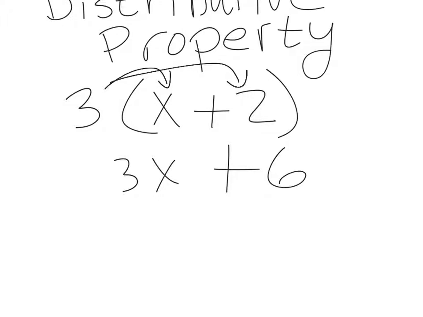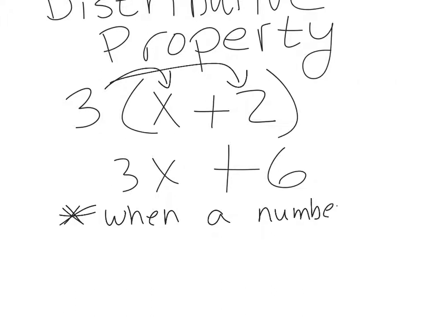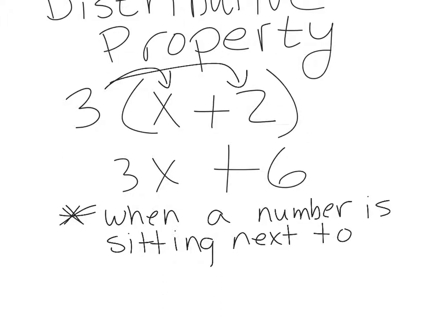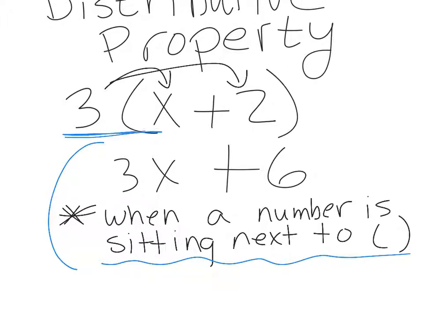Okay. I don't see a multiplication symbol anywhere. If you don't know this, write this down. When a number is sitting next to the parentheses, so I'm talking right there.